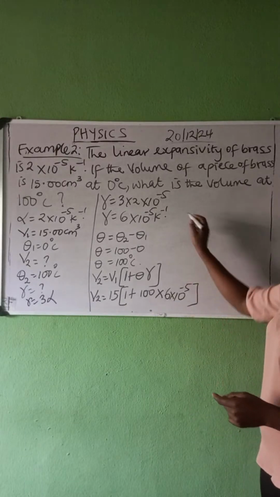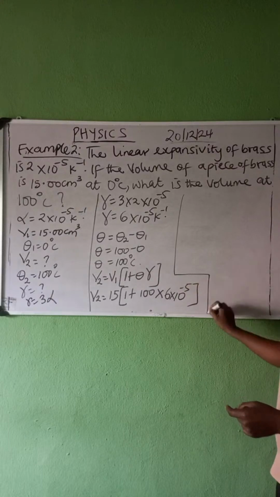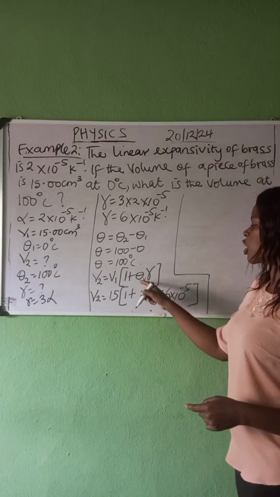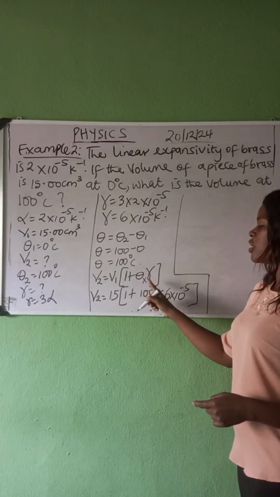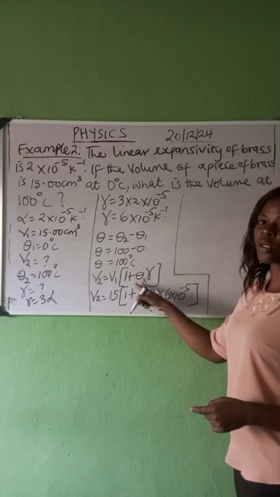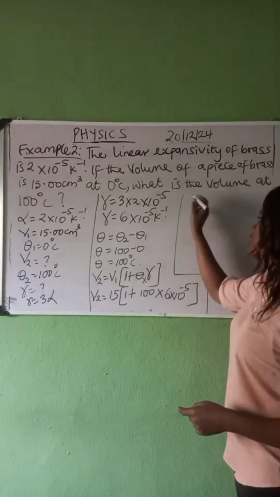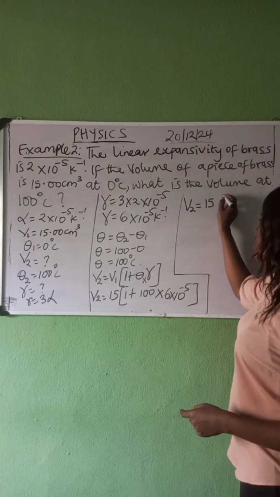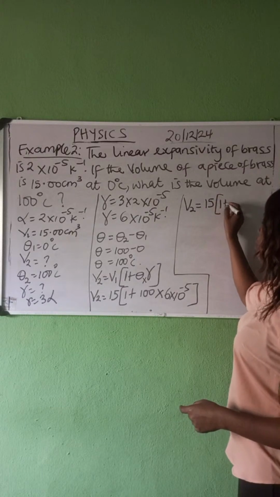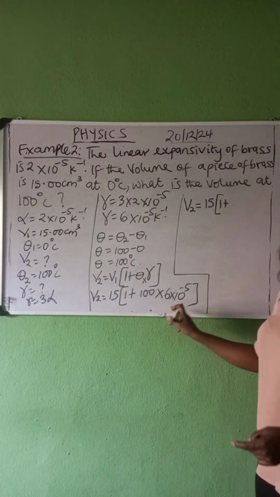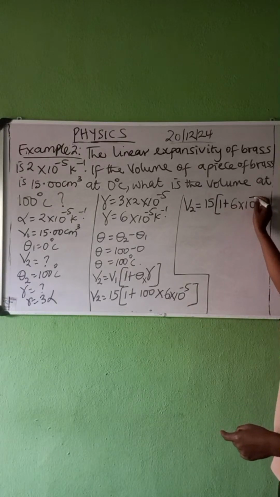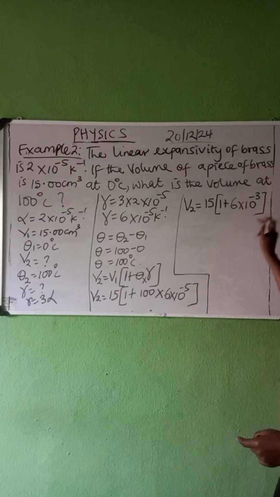Is that clear? Now the next thing to do is to remember that there is a multiplication sign connecting the theta and the gamma. So my V2 is equal to 15 bracket 1 plus, if I multiply this out, I'm going to have 6 times 10 raised to the power of minus 3, right?